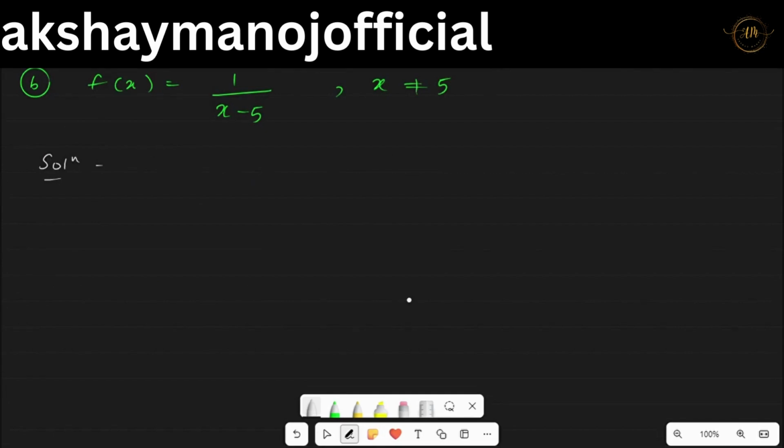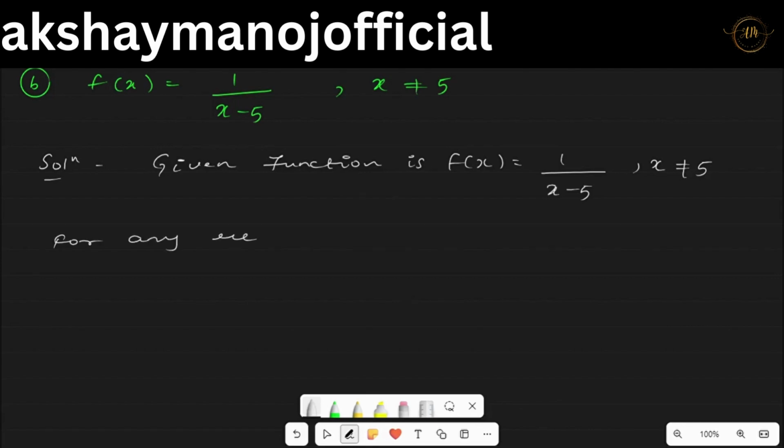Okay. Let's write the given function first. Given function is f of x equals 1 divided by x minus 5, and x is not equal to 5. For any real number k not equal to 5, what do we have?